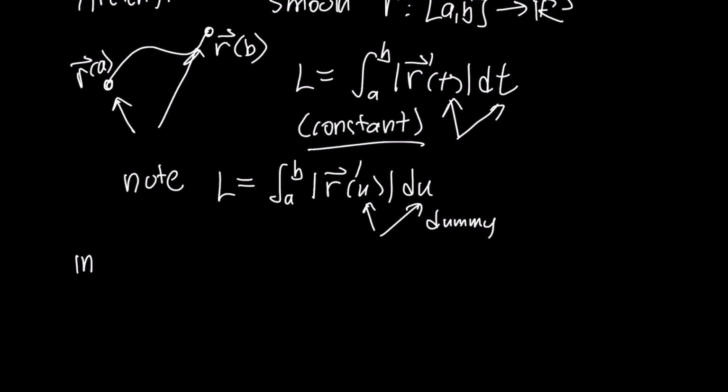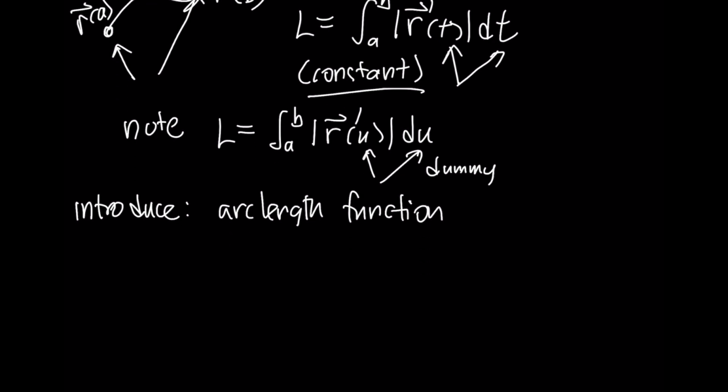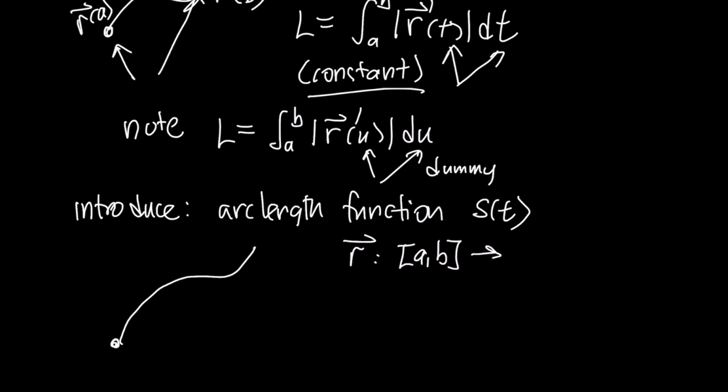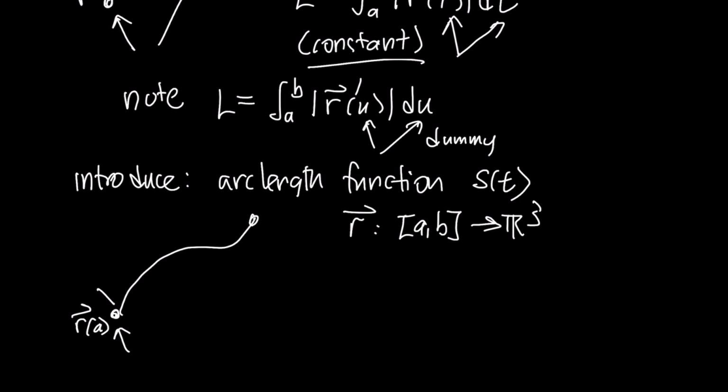Now, I'm introducing this idea of a new variable because now we're going to introduce what's called the arc length function, which we're going to call s of t. So if I give you a curve with a path that goes from a to b, and it takes us into 3-space, the initial point here, as before, is going to be r of a. Let's keep a variable point here. So this distance right here is going to take us to r of t.